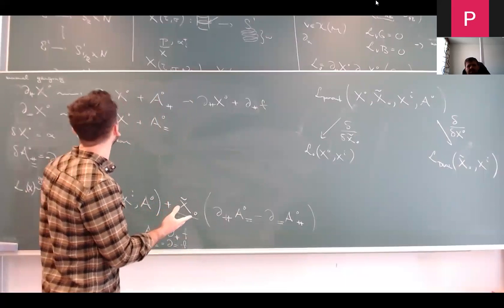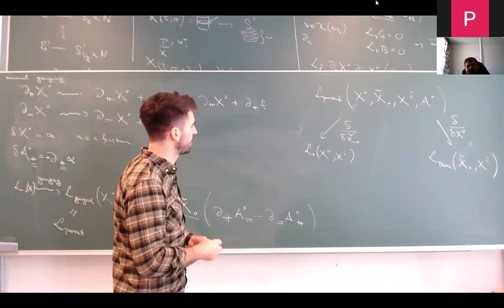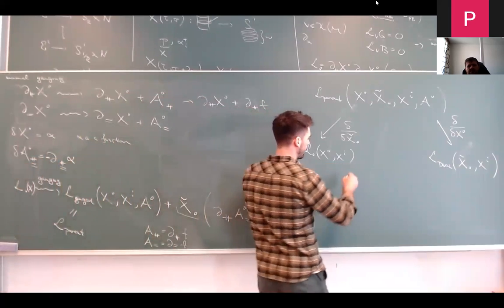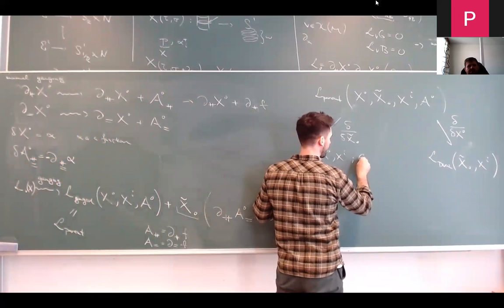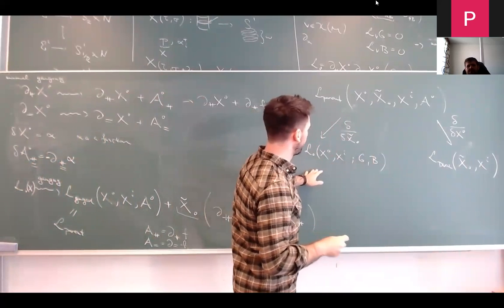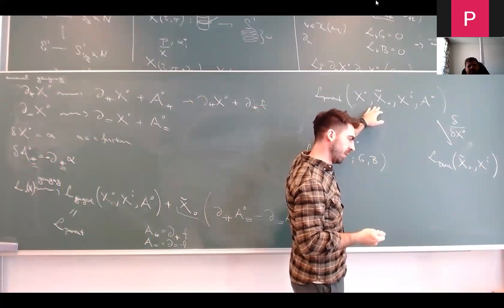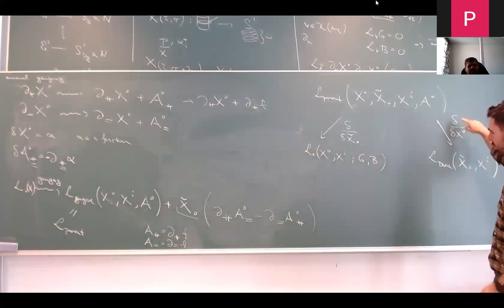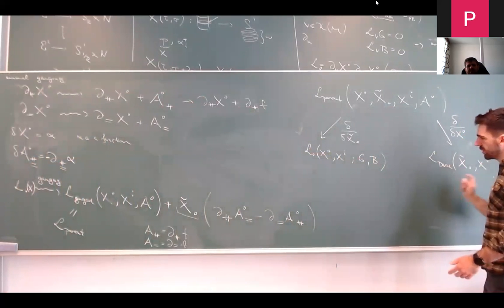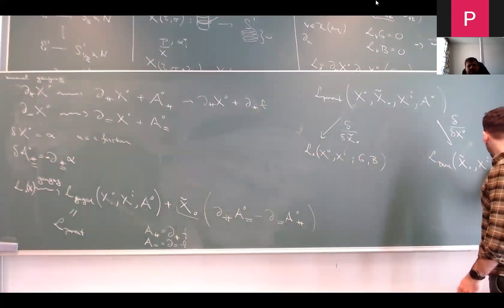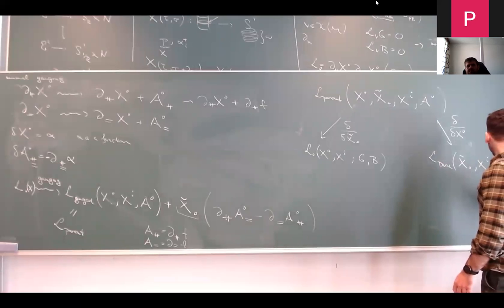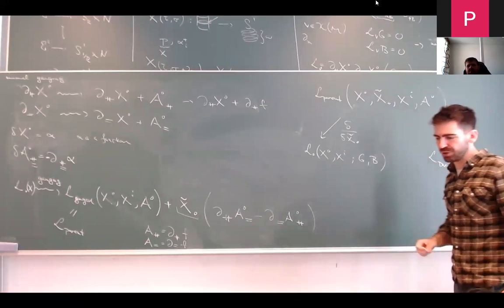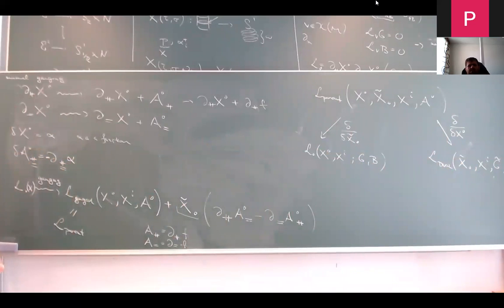What's interesting is that this original thing had as extra parameters G and B. If you integrate out the dual coordinate, it will still depend on G and B, but they get repackaged into a new set of G and B, connected to the original ones by the famous Buscher rules.